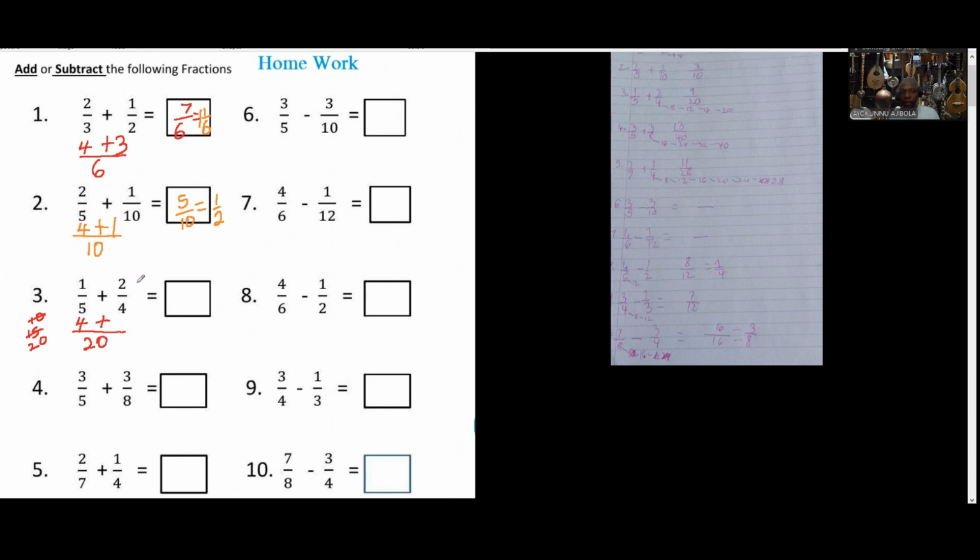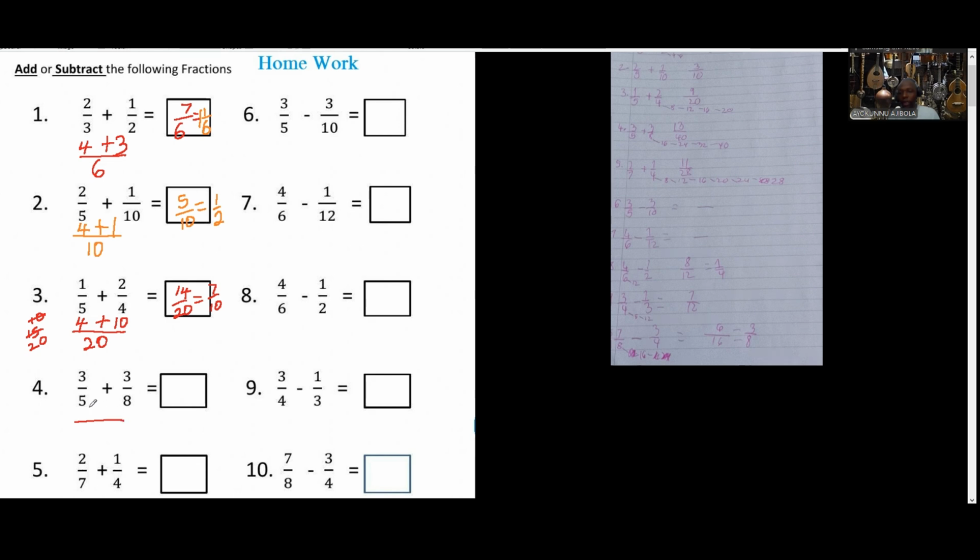Then 5 times 2 is what? 10. So this will be 14 over what? 20. And we can reduce it to the lowest term to be 7 over what? 7 over 10. That's correct. So now let's look at the next one.